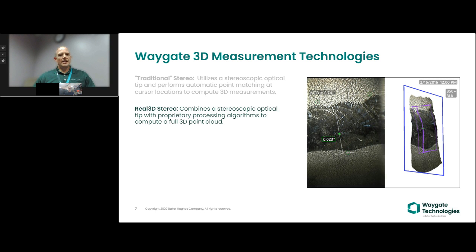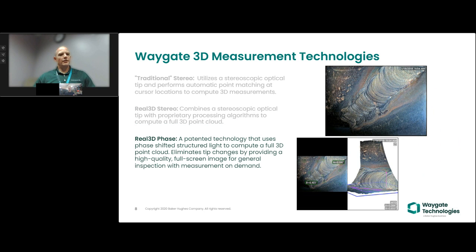And then finally, we have real 3D phase measurement, which uses a phase-shifted structured light projection technology, again, to compute a full 3D point cloud. And the great thing about 3D phase is that it gives you a very high quality, full screen, wide angle field of view that works great for general inspections and gives you measurement on demand capability.